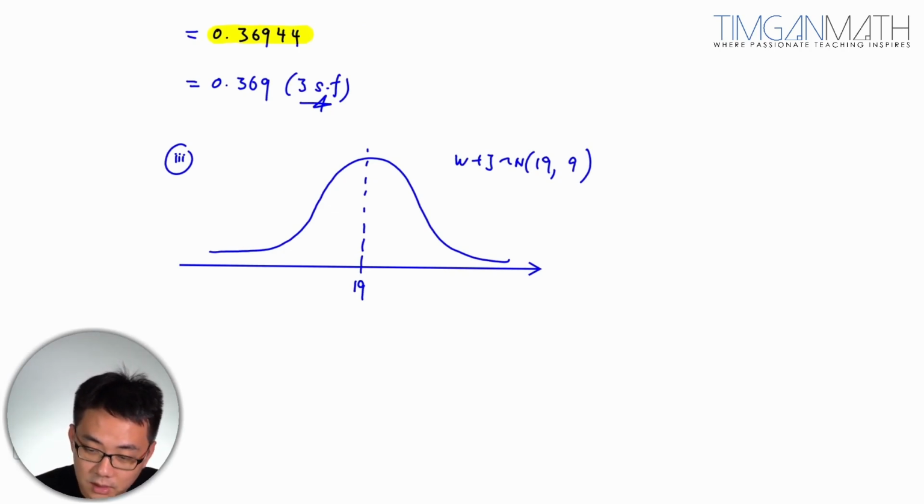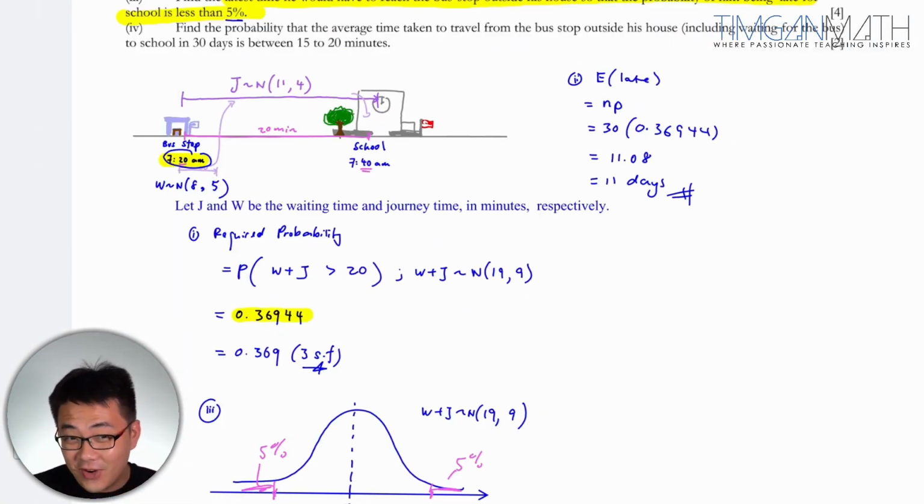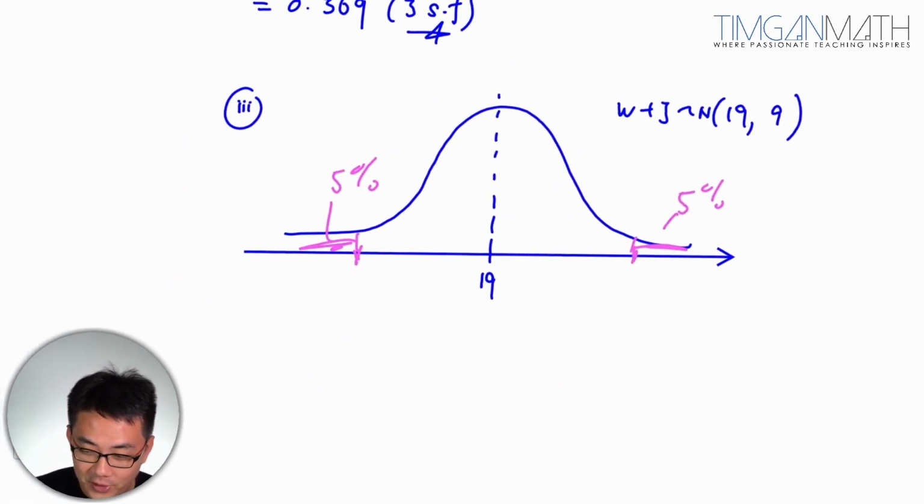The question now is, should you cut your 5% here, or should your 5% be cut here? And find this, where should you cut? Left or right? If it's counterintuitive, what you should do is just solve for inverse norm for both sides. It's not hard because it's 5%, right? You want the 5% on both ends.